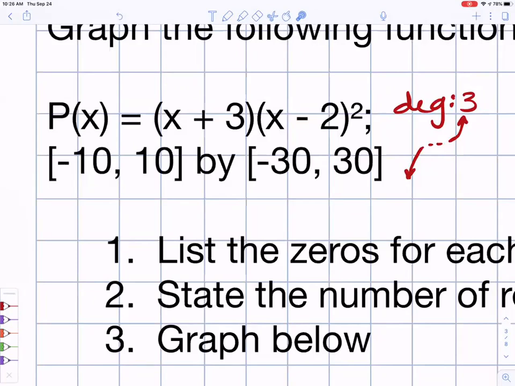What that means is that it's only going to put a tick mark every 5 units, instead of every 1 unit. So for -10 to 10, it's no problem to have a scale of 1. It just puts 10 tick marks on each side. But for -30 to 30, that gets a little funky. Now once you have your window in there, go ahead and push graph.